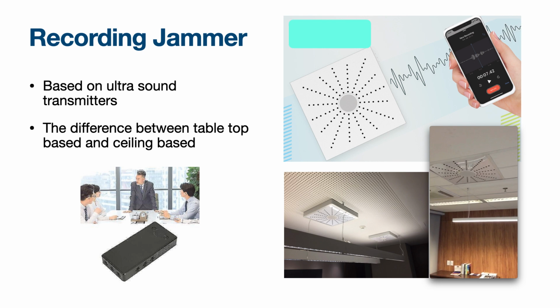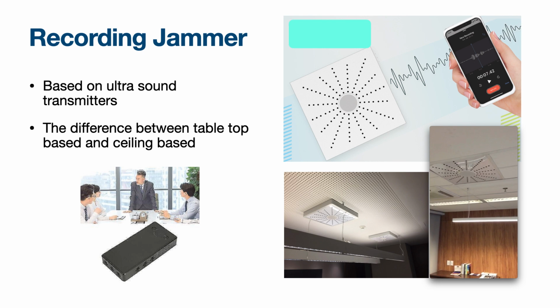The ceiling type jammer can jam microphones in an area of approximately 30 square meters in the 120 transmitter model. It's important to say, however, that this technology is not 100% guaranteed and it depends on the model of the cellular phone and the technology that the manufacturer is using for the microphone, beside, of course, the quality of the jamming device.